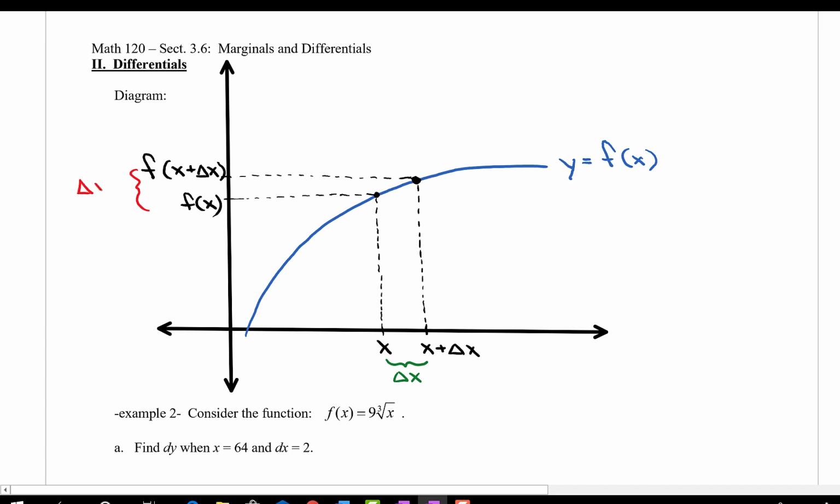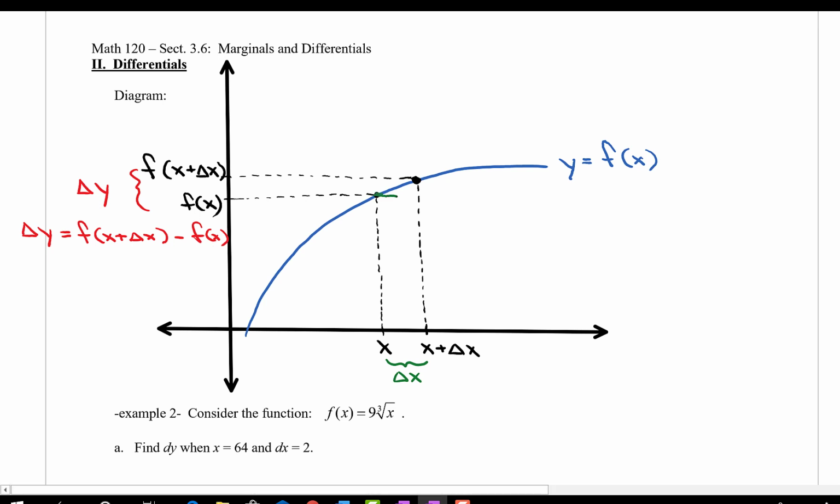So delta y is like the change in y value. But I'm going to write down what this actually means. The change in y's is basically just the difference in y's. So delta y is equal to f of x plus delta x minus f of x. That's what delta y is equal to. It's the change in y's, or the difference in y.